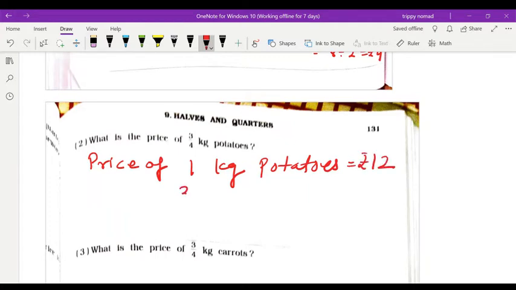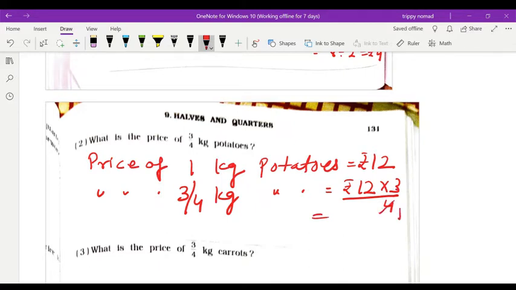Then 3/4 kilogram of potatoes is rupees 12 into 3 by 4. What will you do first? You can divide first: 4 ones are 4, 4 threes are 12. I have divided that. This is another way. 3 threes are 9 rupees.